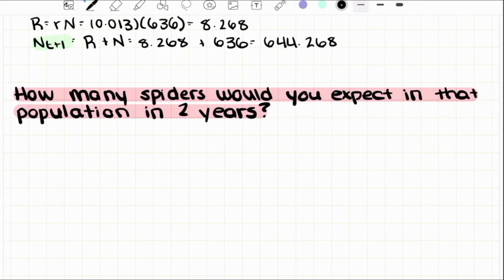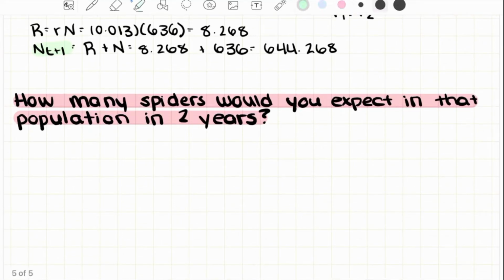And remember that that growth rate is R equals the per capita growth rate times the starting number. Now here's the thing. Our starting population now has changed because we're now going another year into the future. That's why we're going to be finding N t plus 2. We're going another year into the future.